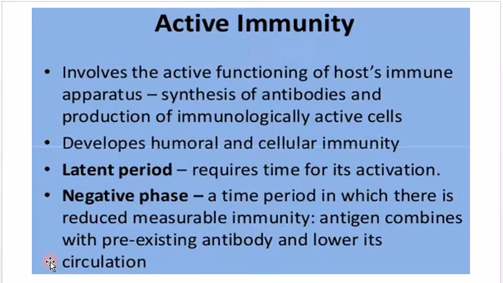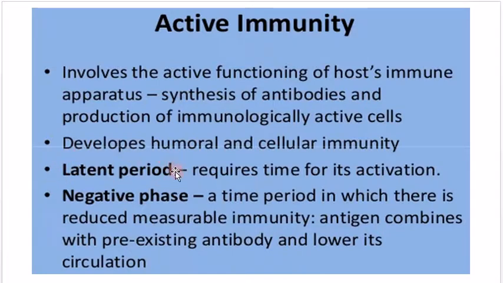When the real microbes enter the body, and our body produces an immune response after the entry of natural pathogens, that is called active immunity. For this to happen it takes quite some time, and that period is called the latent period, or the infection period.